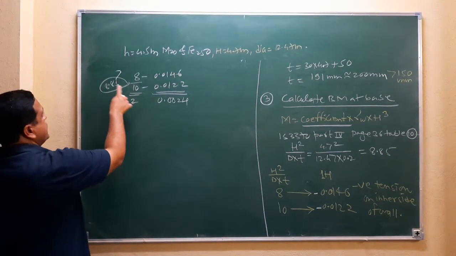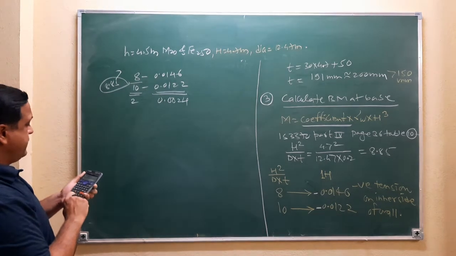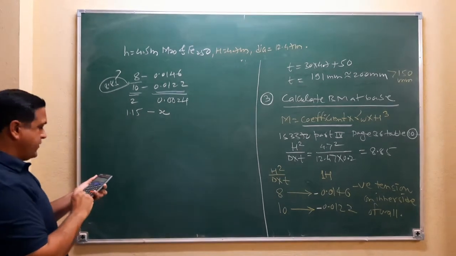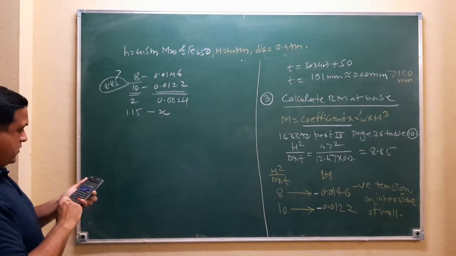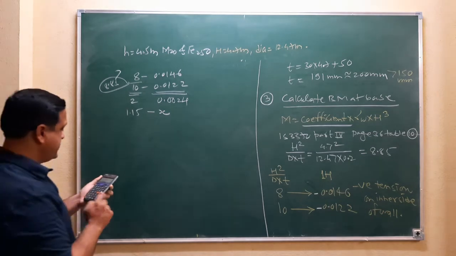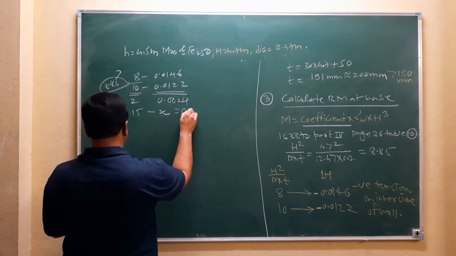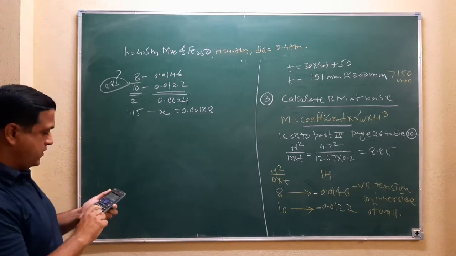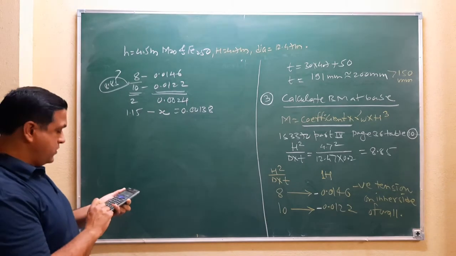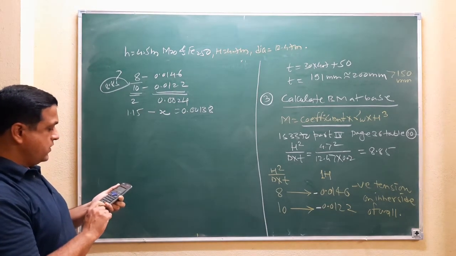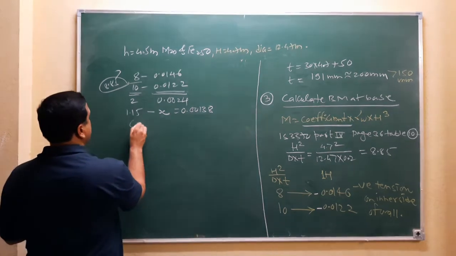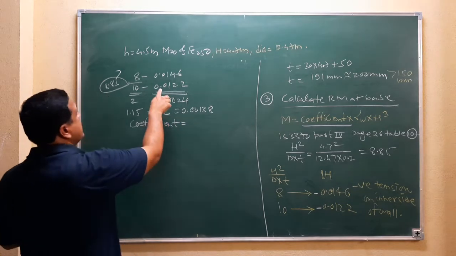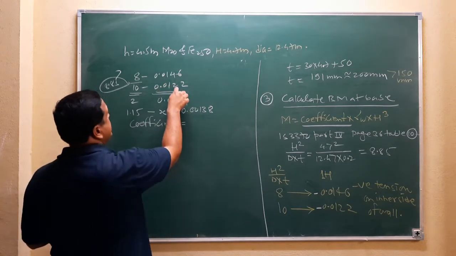Now we have to take the difference of this: 10 minus 8.85 is 1.15. So what is x? 1.15 into 0.0024 divided by 2, x is 0.00138. The coefficient is calculated by adding this x to this value.